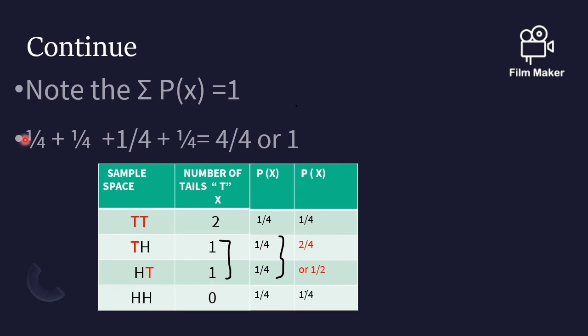So 1 plus 1 plus 1 plus 1 is equal to 4. Since they have the same denominator, you will write only 4. So 4 divided by 4 is equal to 1. So the summation of the probability should always be equal to 1.